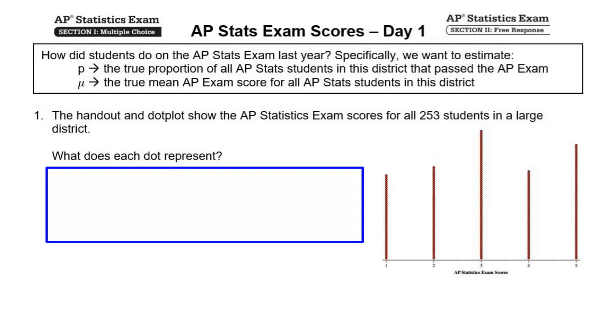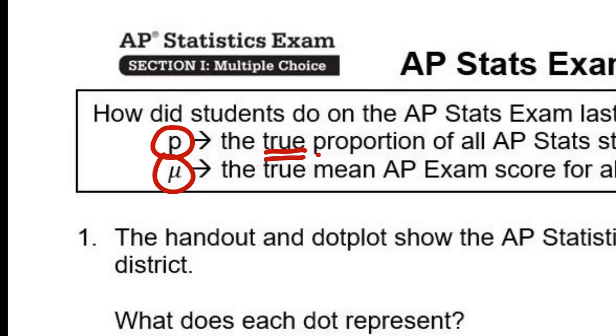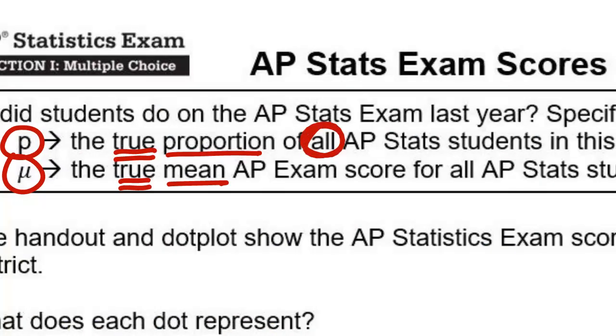All right, so a couple things before we get into answering question number 1. These two symbols up here, P and mu, we use to represent the true proportion and the true mean for all people in our population.